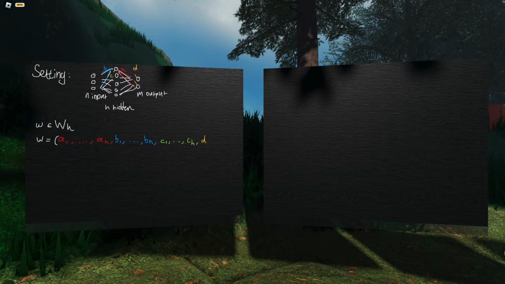Some of these components of this vector that I'm writing out are actually themselves vectors if you have multiple inputs and outputs. But you could also just consider the case where they're scalars and you have a single input and a single output if you prefer that.